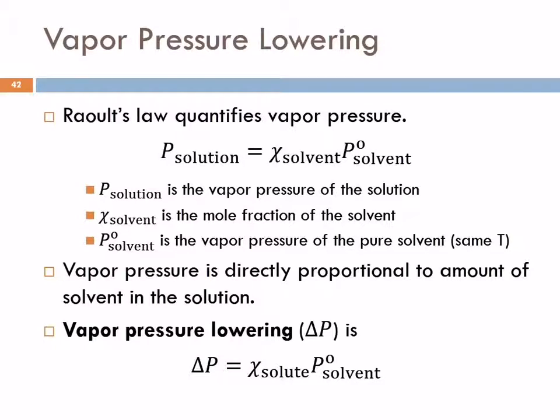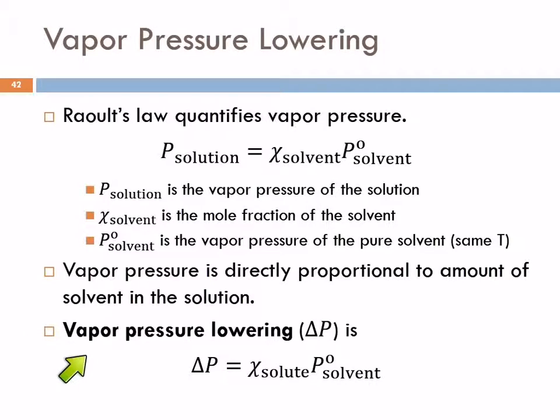But the more solute you have, the less solvent you have, because you're essentially diluting it by adding solute, the lower the pressure of that solution will be. So the vapor pressure is directly proportional to the amount of solvent in the solution.